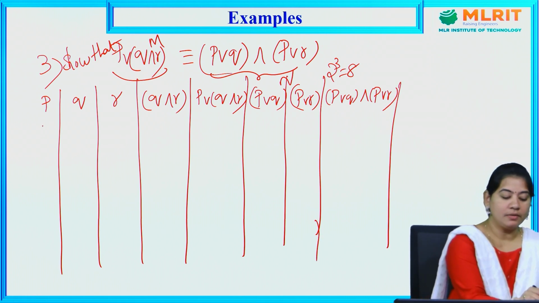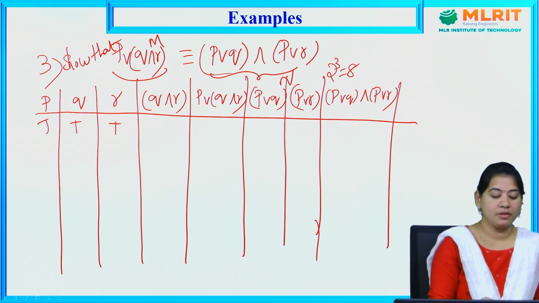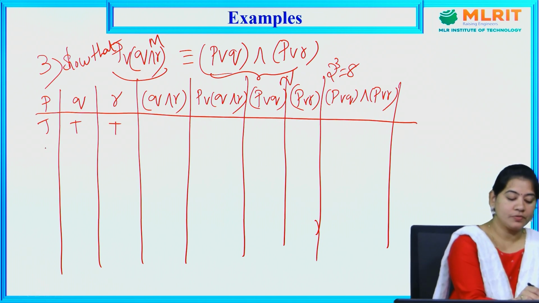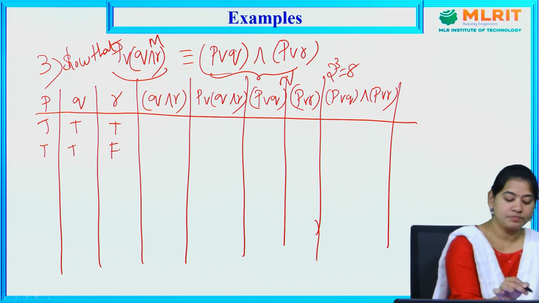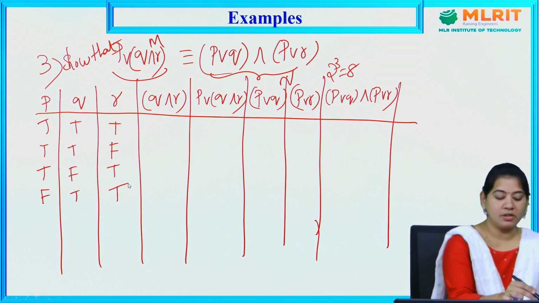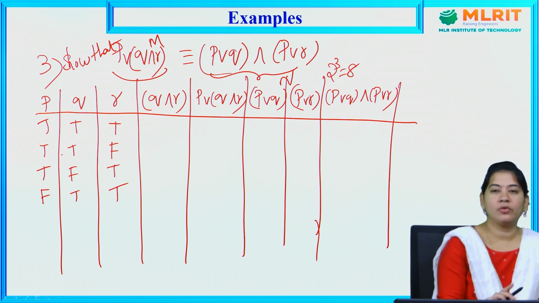Now let us consider the variables P, Q, R and write down the truth tables. Here you will get all trues first, then you can take true, true, false, and here true, false, true, and here false, true, true. If you observe, in the first three we are considering two true statements and one false statement.